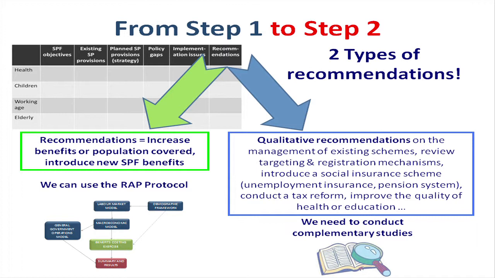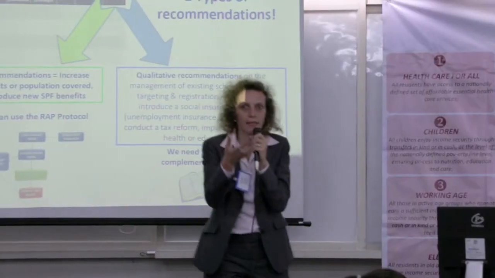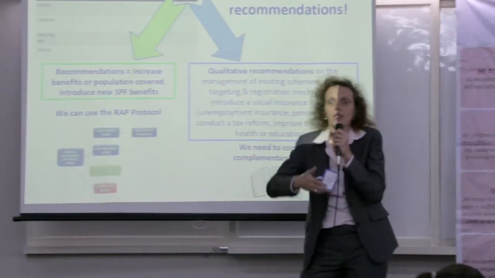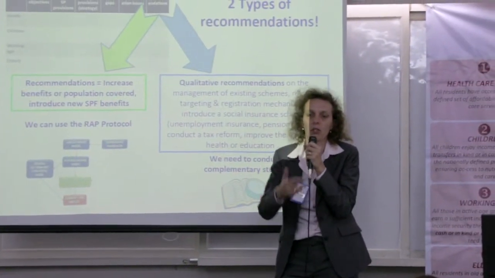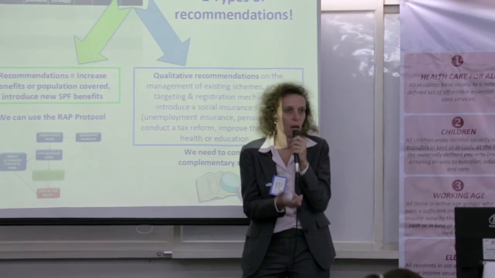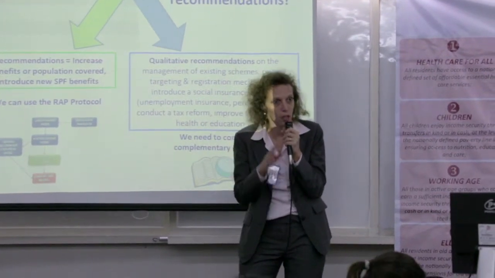Other recommendations, we cannot use the RAP protocol. These can be more qualitative recommendations, like increase the quality of education in Thailand. This requires additional studies. It's much more complex. So we list them in the assessment report because it's part of the recommendations of this national dialogue, but we don't cost them. So we don't cost everything.